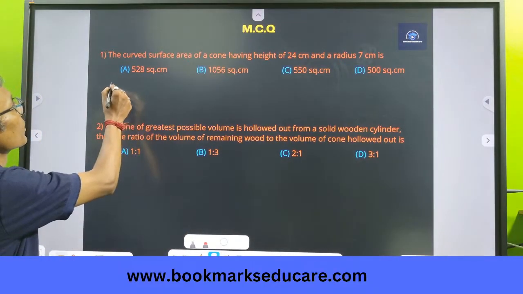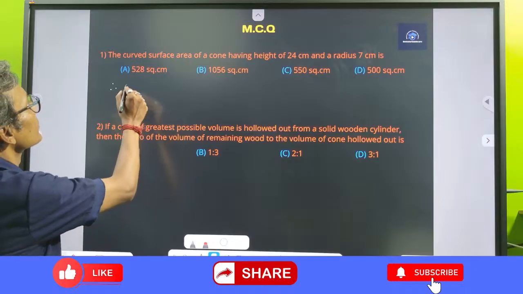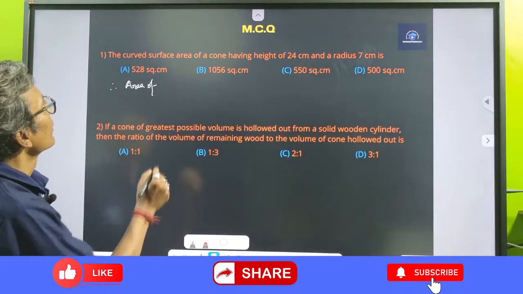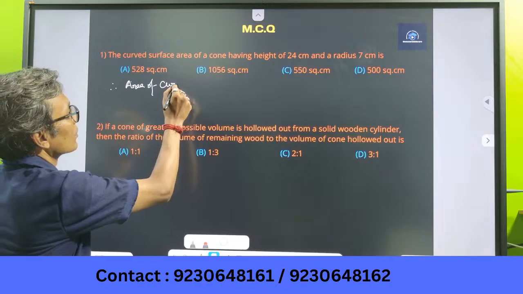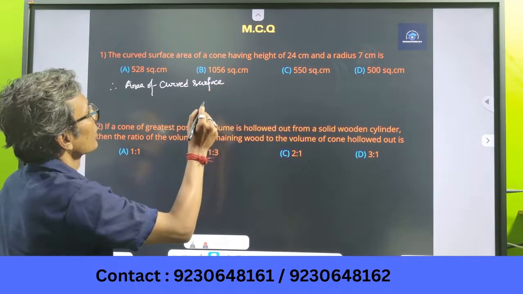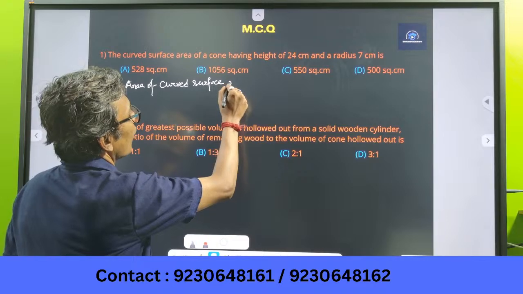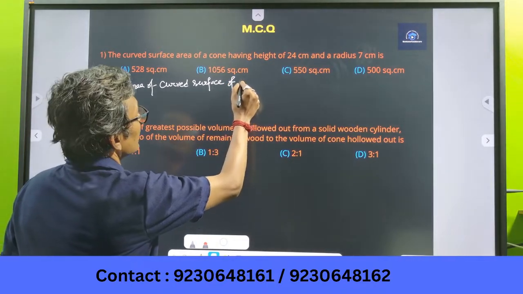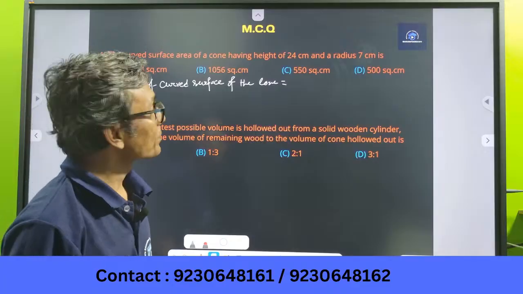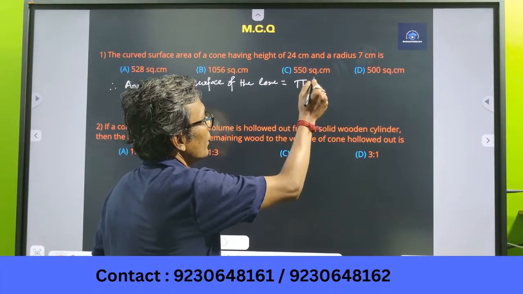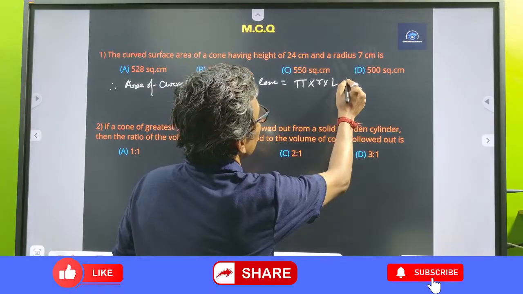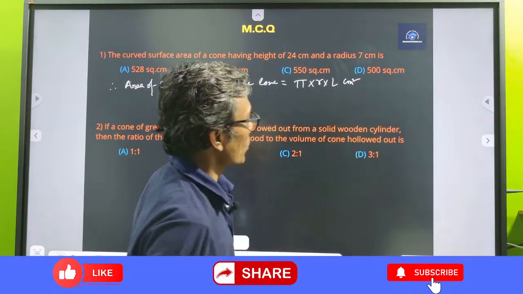So area of curved surface of the cone is pi r into L. Unit is centimeter, so centimeter square.